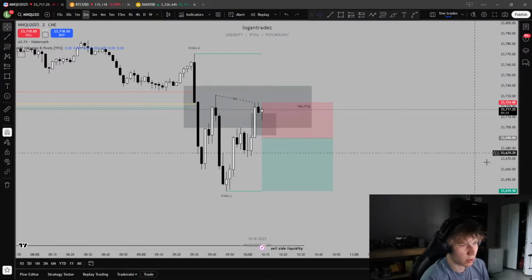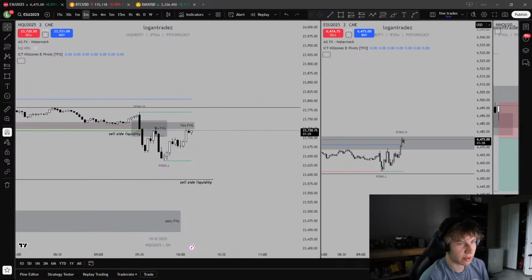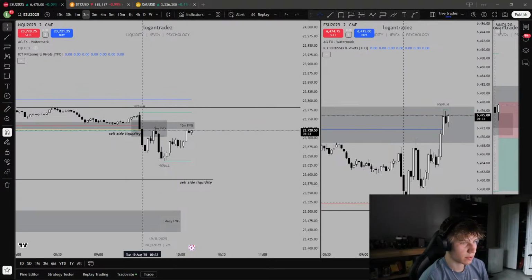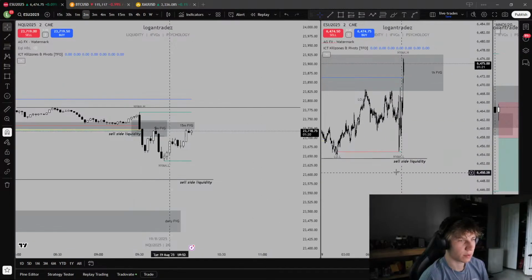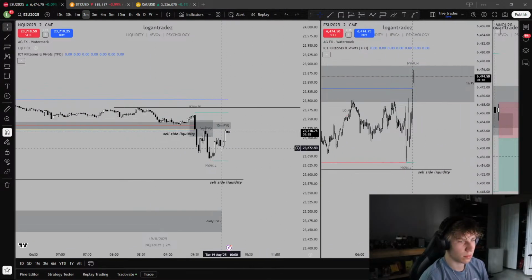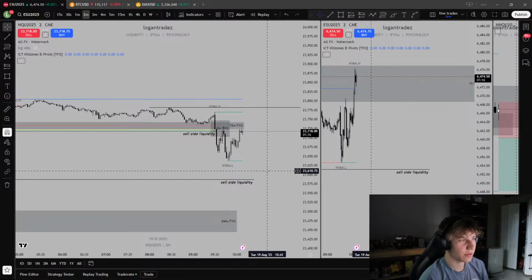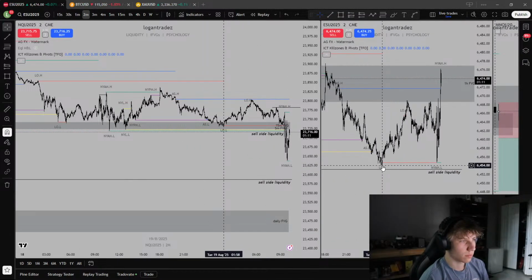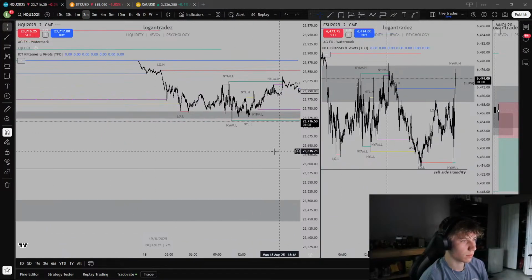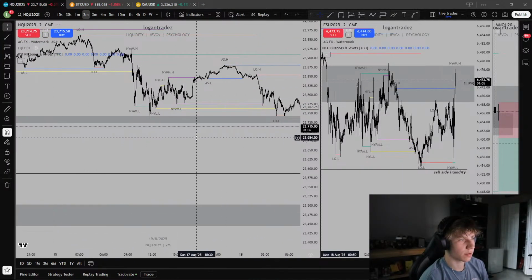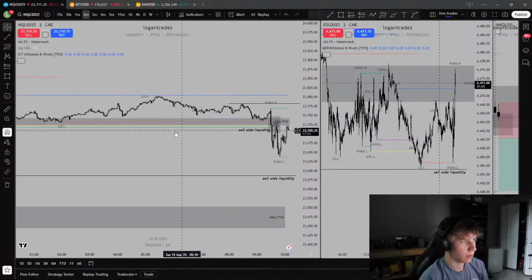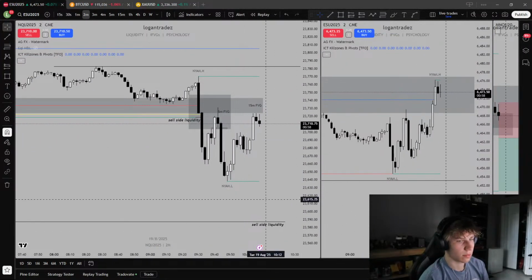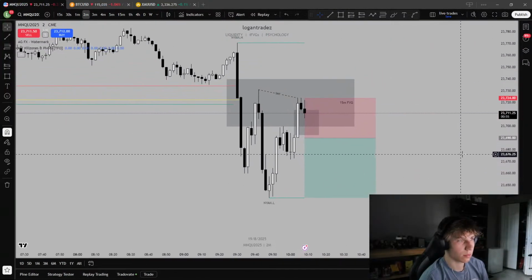What about the SMT at the lows? We don't have an SMT at the lows right now. What about this one here? Neither of them have swept, or yeah, one of them swept London lows. We have sell side below on both. There's SMTs all over the place. Might just be a no trade day today.